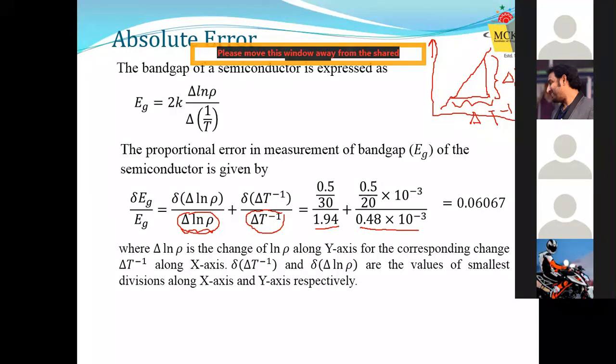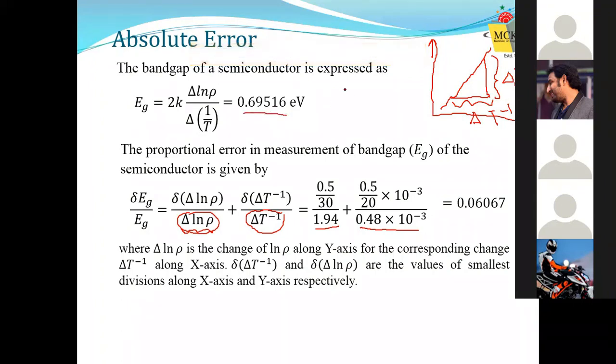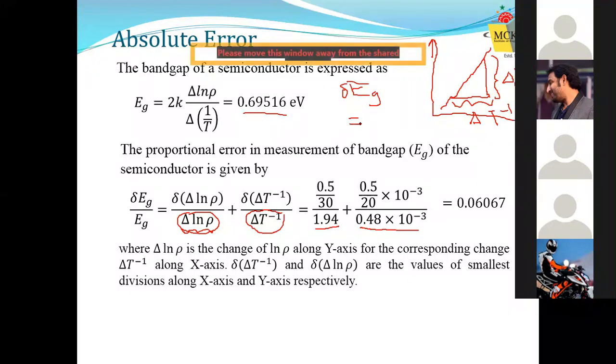For truncating your result, you need absolute error. So you remember Eg, your calculator gives this value. So for absolute error of delta Eg, the absolute error delta Eg is always equal to the proportional error, that is delta Eg by Eg, into Eg.